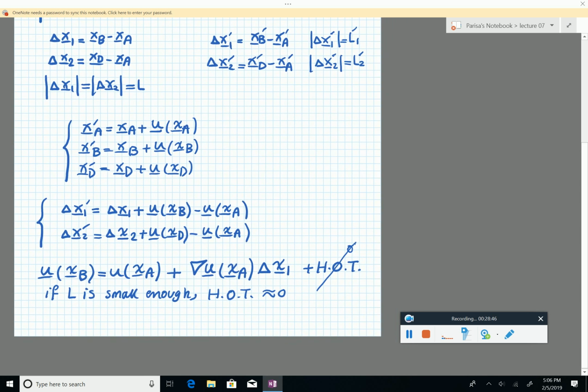So this gives us uxb minus uxa. So remember this, now we are just replacing uxb minus uxa with the gradient of displacement. So we are getting there.